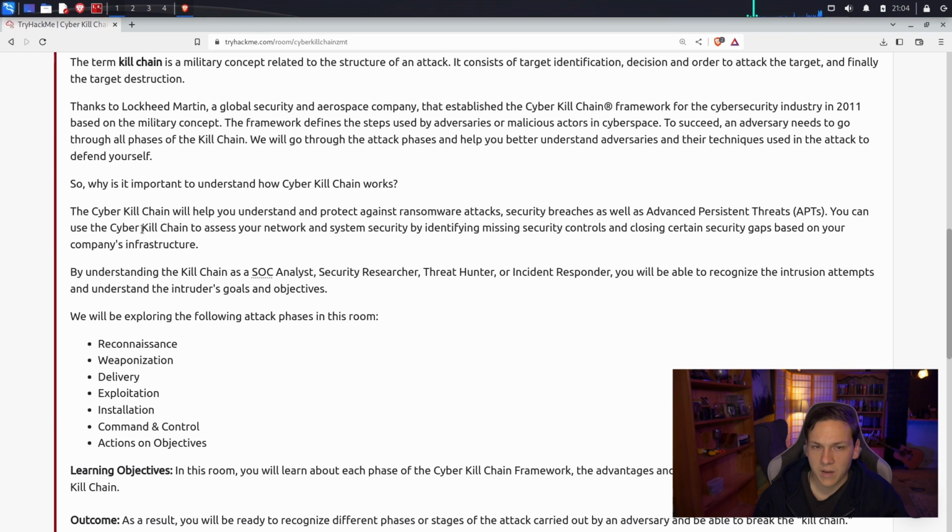You can use the cyber kill chain to assess your network and system security by identifying missing security controls and closing certain security gaps based on your company's infrastructure. By understanding the kill chain as a SOC analyst, security researcher, threat hunter, or incident responder, you will be able to recognize intrusion attempts and understand the intruder's goals and objectives.